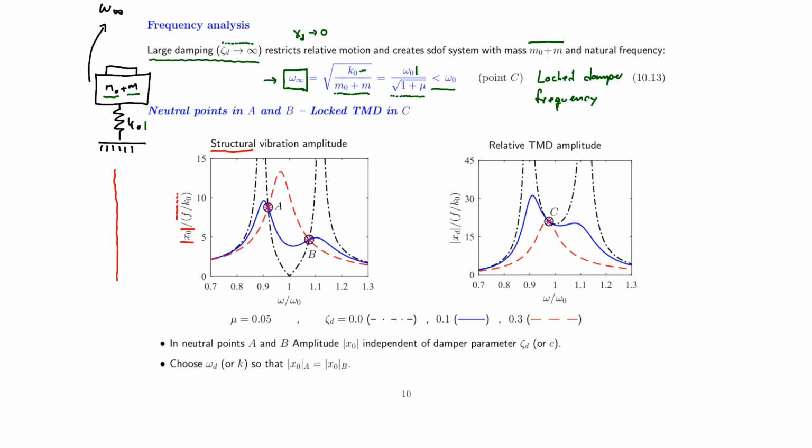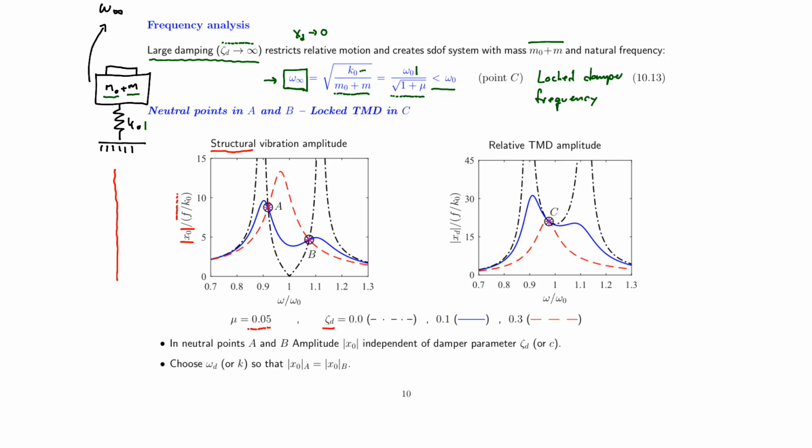So we'll have dynamic amplification. And the three curves represent three different values for zeta d, and we choose 5% for the mass ratio, which is quite large in many cases, but still within the realistic range. So we choose 5% here to get nice curves and get a substantial reduction in our system, but in most applications you could also go down to maybe 2 or even 1% mass ratio.